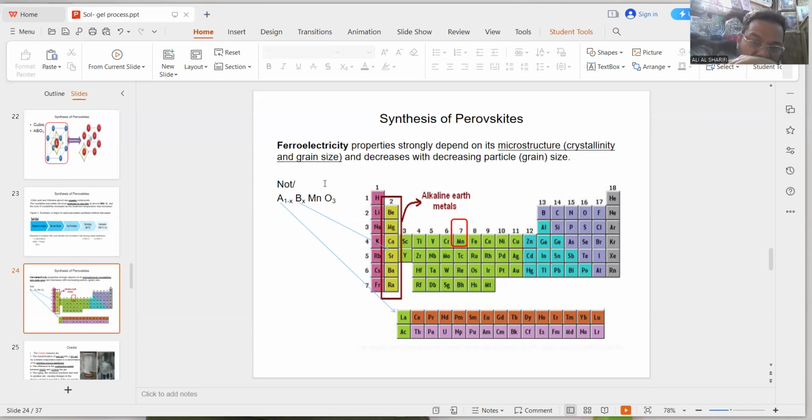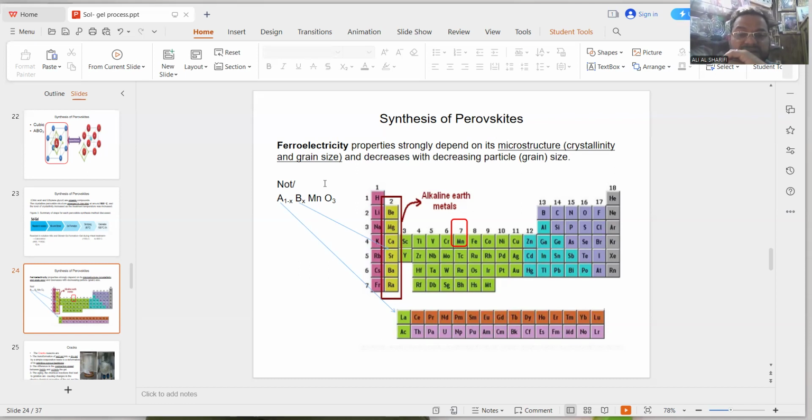Here, let's talk about ferroelectricity properties. Strongly dependent on what? Why in my study did I focus on the grain size and crystallinity? Because it's an important property related to the microstructure, I mean crystallinity and grain size, with this ferroelectricity.